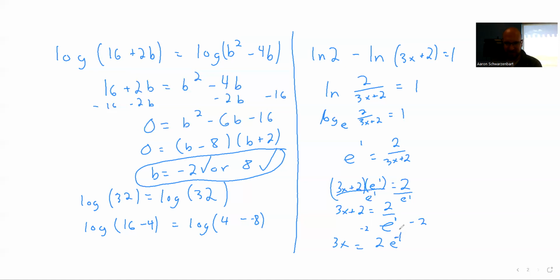The negative, I can bring to the top by making it a negative exponent. And then I'll divide by 3.